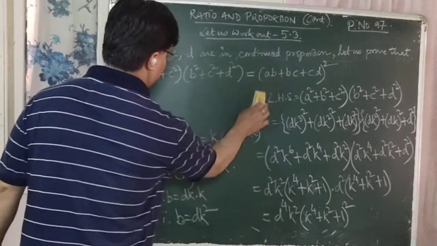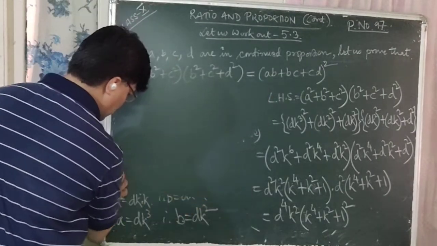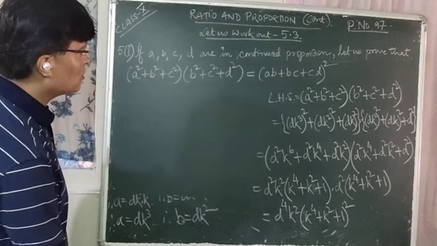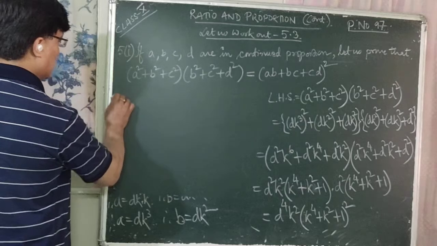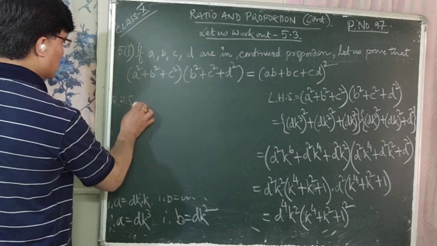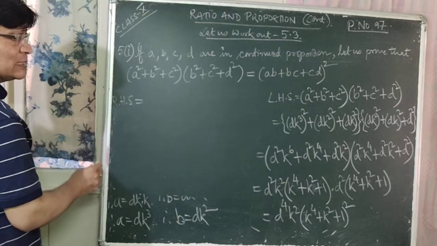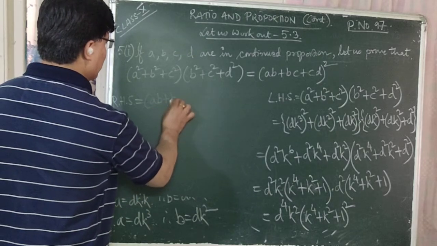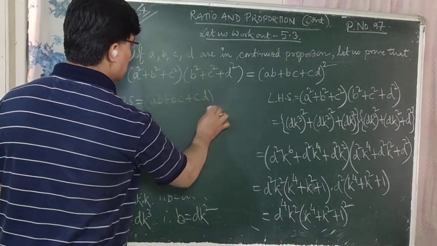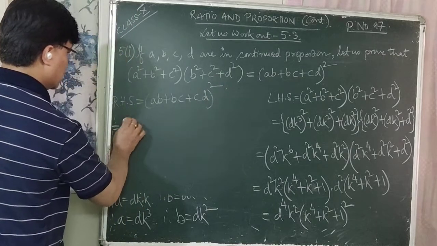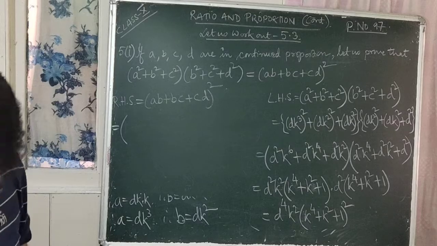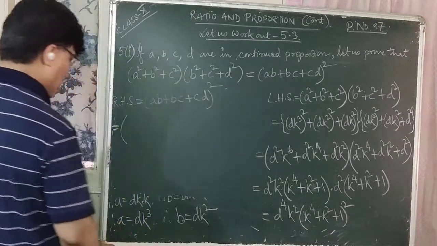So now we will simplify the right hand side by putting the values of A, B and C. So let us simplify RHS now, and you should get LHS is equal to RHS. So it is (AB plus BC plus CD) whole square, which is equal to, within bracket, now let us put the values of A, B and C. So what is A out here?